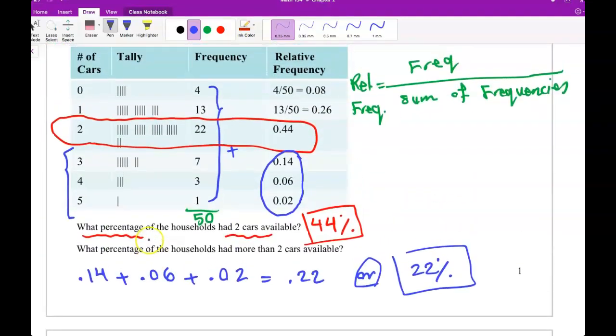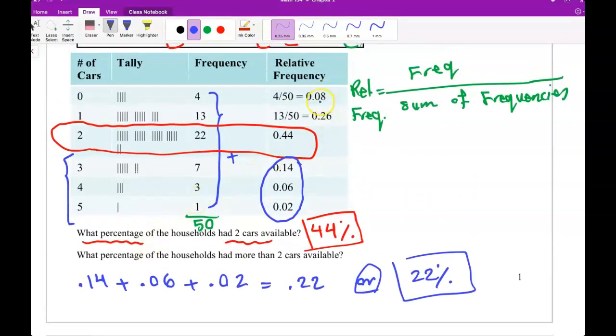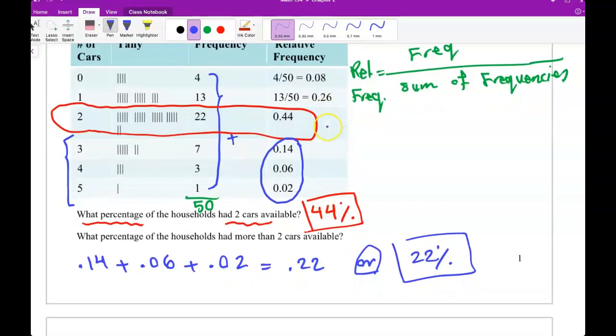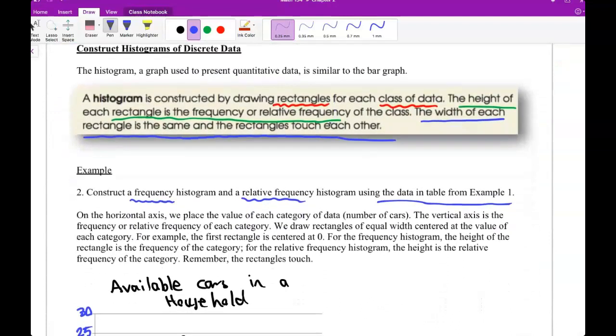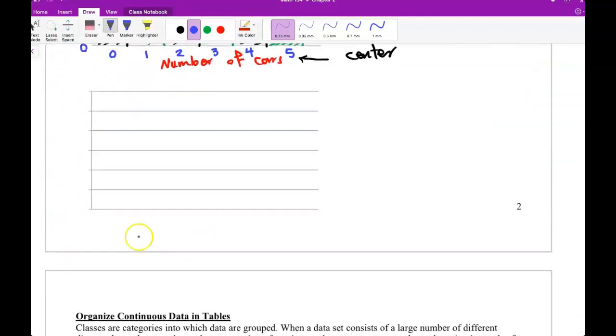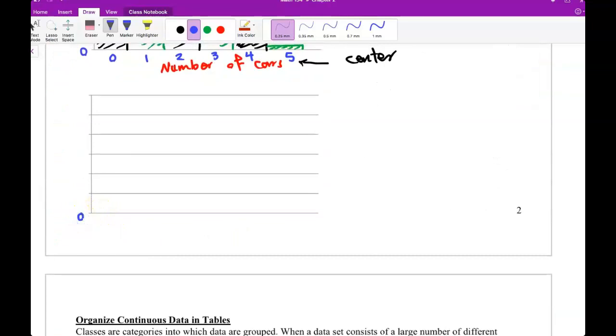And based on what we have here, this is 8%. So we have all these numbers. I'm going to start from 0 again. Okay, so here is 0, then here is 0.1, 0.2, so 10%, 20%.